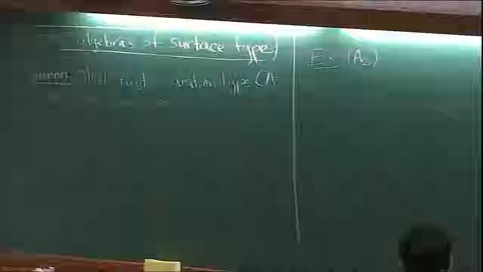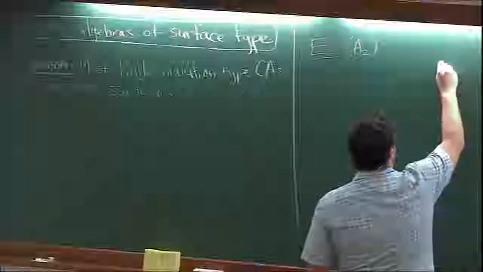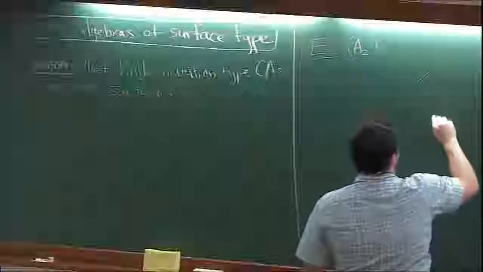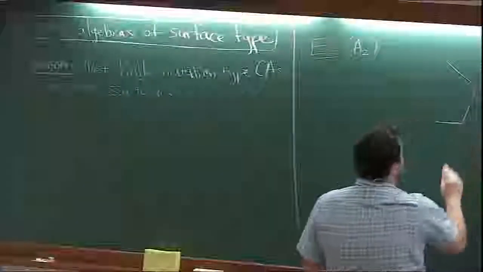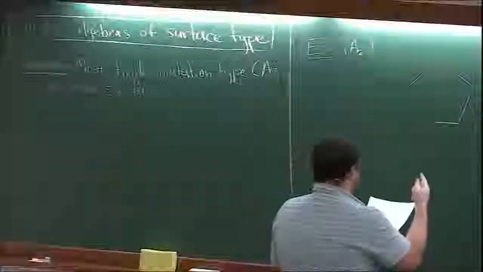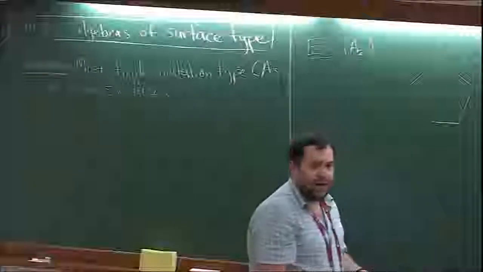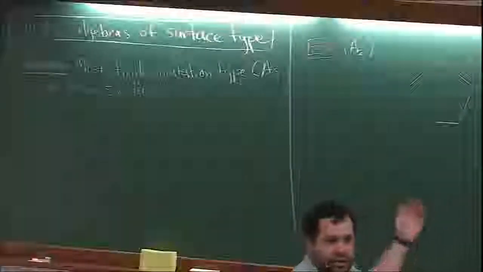Okay? So I want to do this in a different way, where instead of starting with a quiver, I have a pentagon. Okay? So I have some pentagon, and I'm going to triangulate this pentagon, so I'm going to add in diagonals so that I split the thing into triangles.